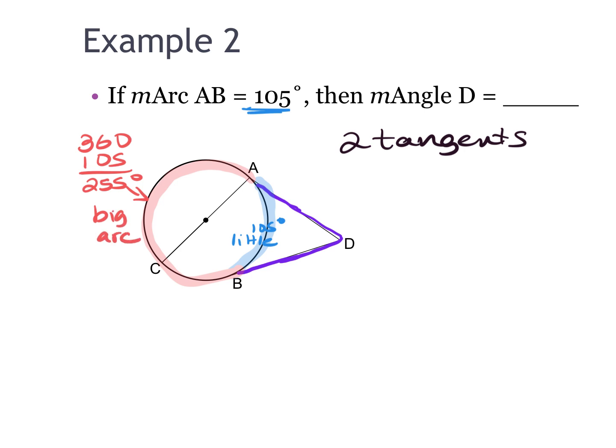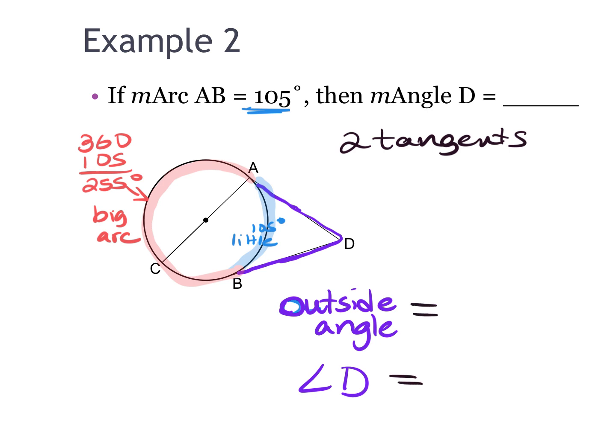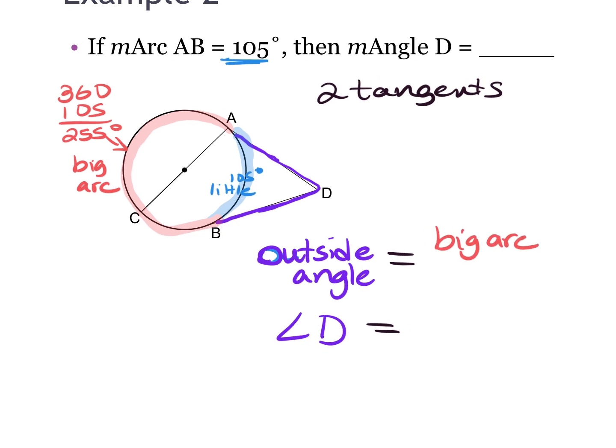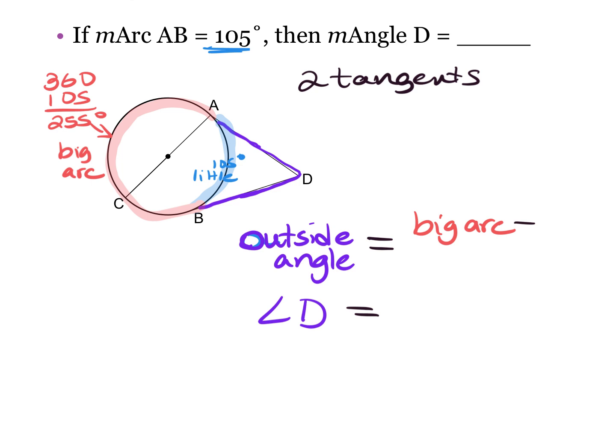So now I can do the formula. My outside angle, which will be the purple one, which is angle D here, is going to be equal to my big arc minus my little arc, and either multiply that by 1/2, or I like to divide by 2.